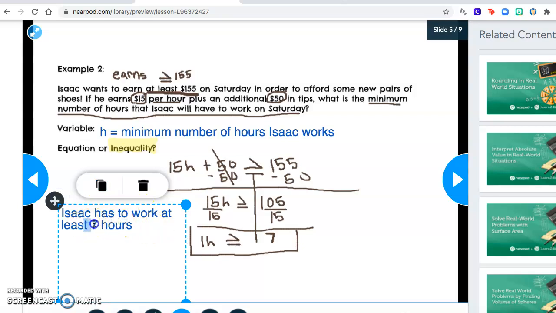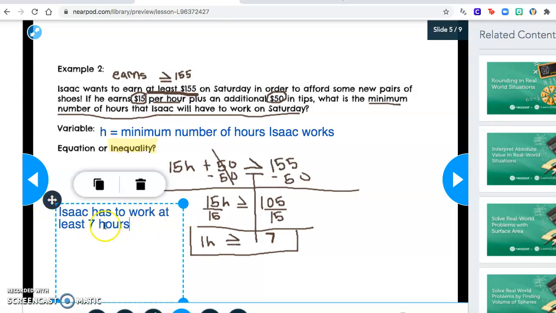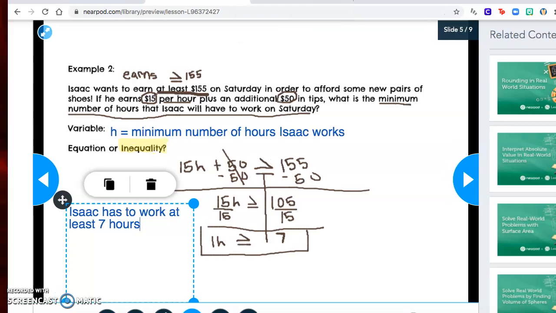And the thing is, he has to work at least 7 hours, which means he could work 8 hours, he could work 9 hours. But if he works less than 7 hours, he's not going to make $155. So based on these circumstances, he has to work 7 hours. So we're going to move back to complete the Nearpod.